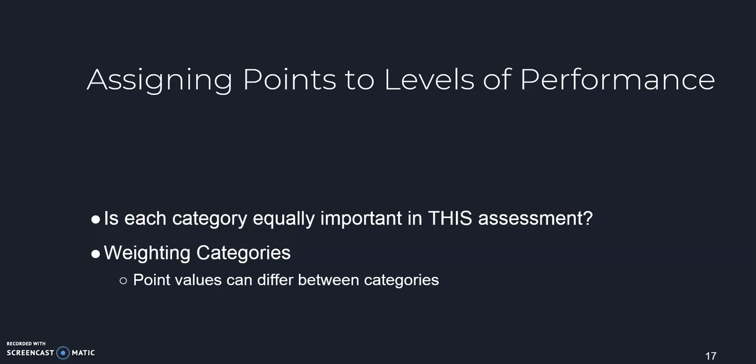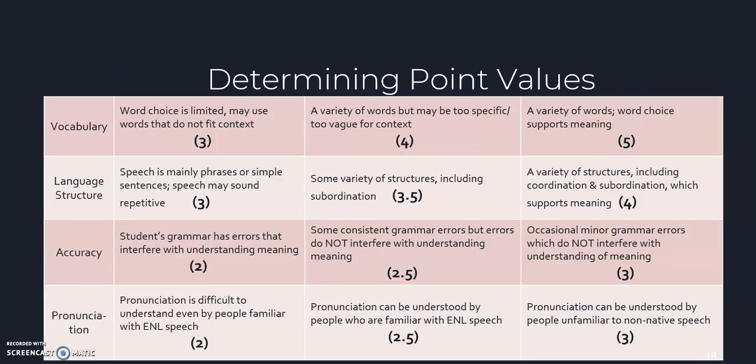Or on the reverse side, you don't want the students to worry about, say, their pronunciation, because maybe they're beginners and their pronunciation isn't that good. So you don't want to weight that subsection of the rubric so highly.